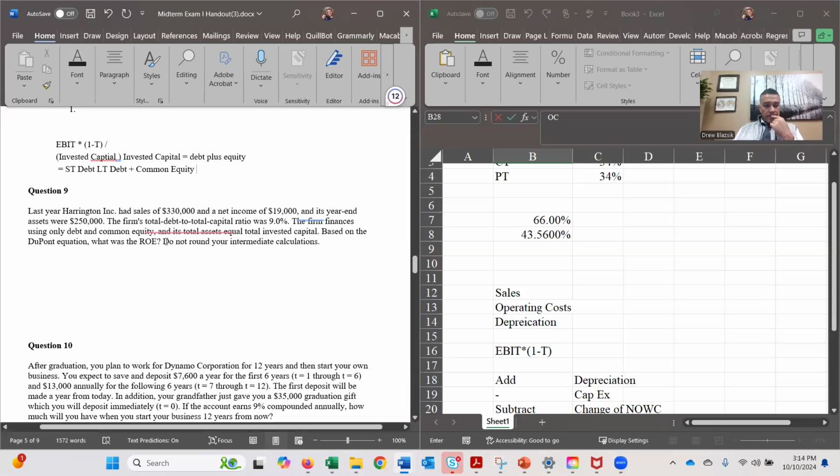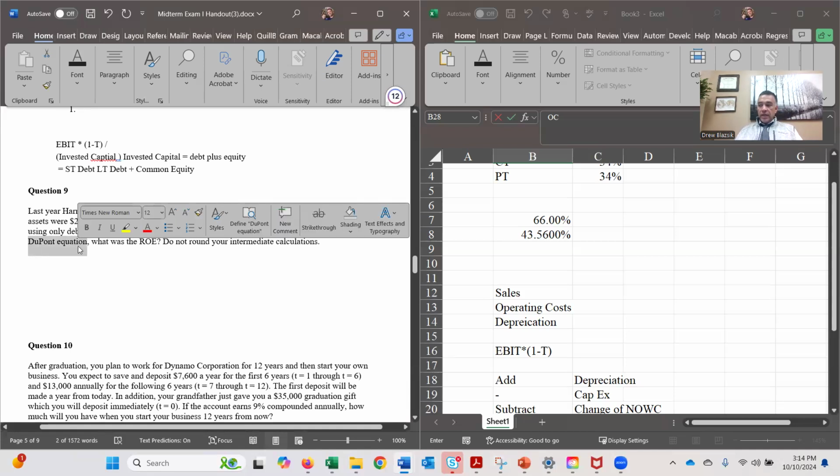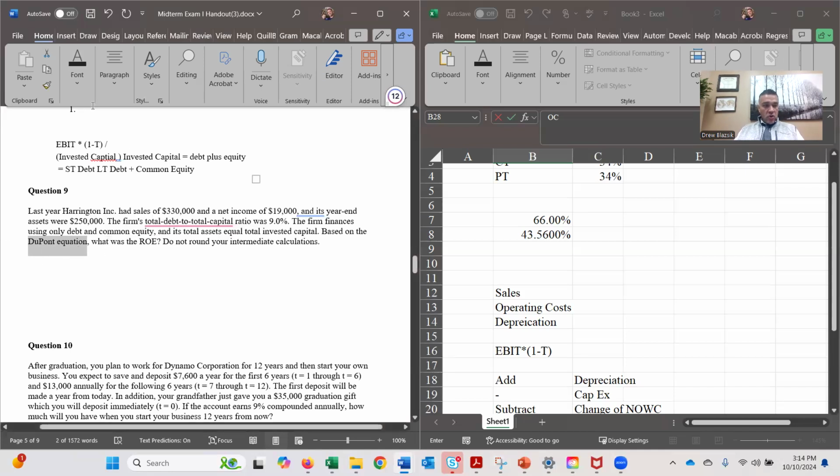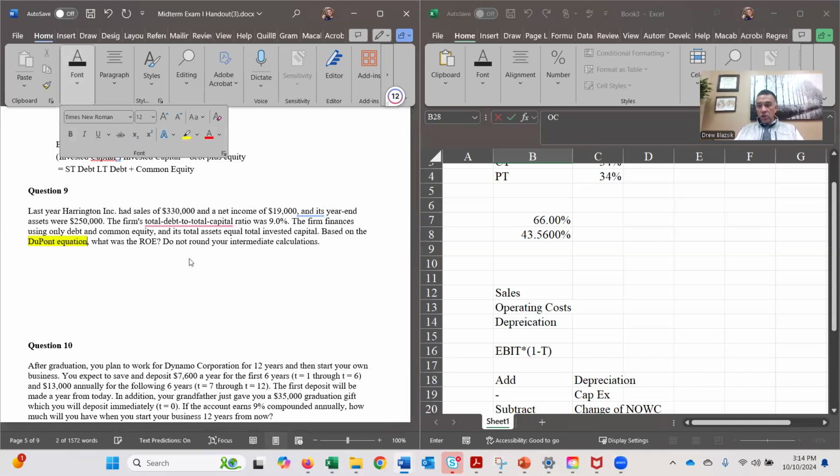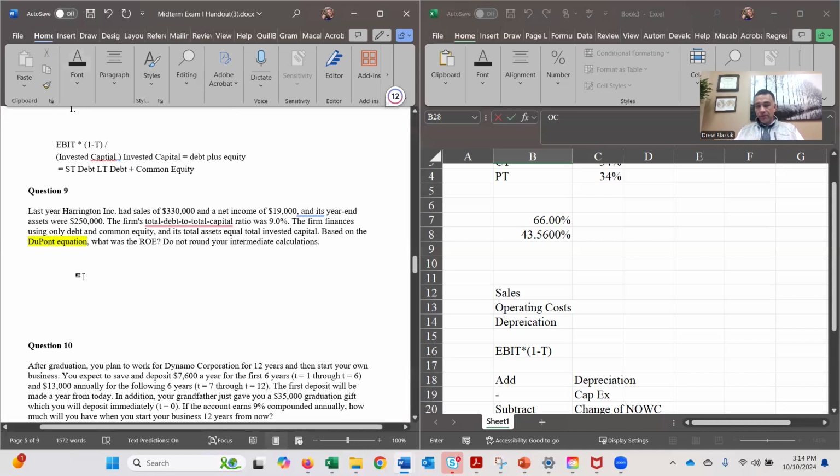All right, let me give you a couple tips about this one. Question 9. You need the DuPont equation here. In the DuPont equation, you have to know a few things. So if you want to look it up, it's the end of, I believe, chapter 4. The DuPont equation, there's a couple ways to calculate the return on equity. Now they're asking this way. You want to know the profit margin.